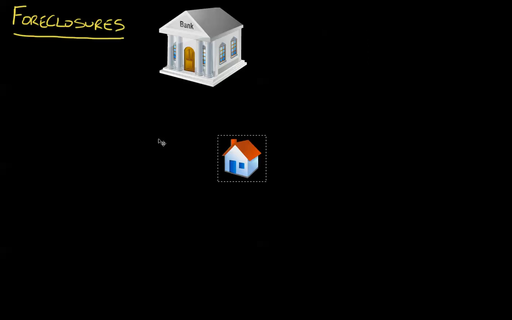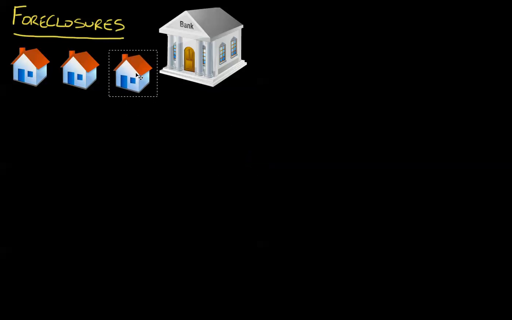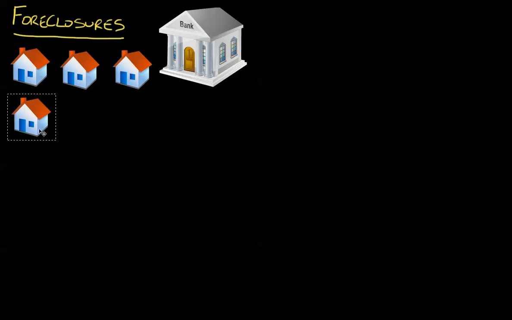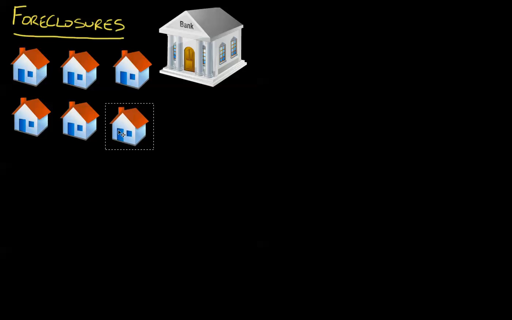And it wasn't just one or two of these homes, it was millions of homes. So the banks were all of a sudden sitting on millions of distressed properties that they were forced to foreclose on. And the bank's not in the business of holding properties or selling real estate. They're in the business of running banks.